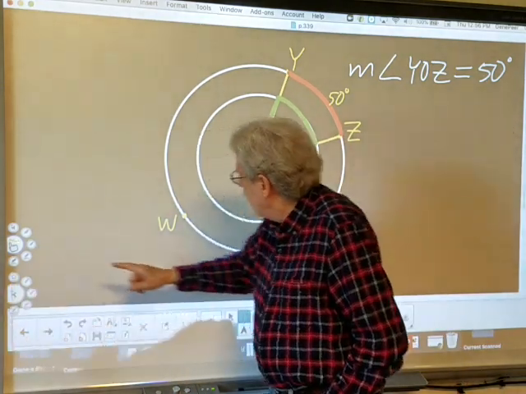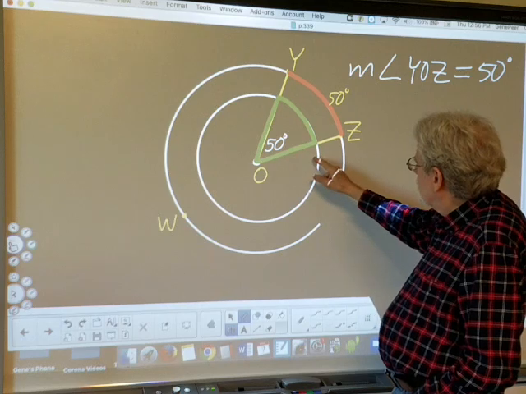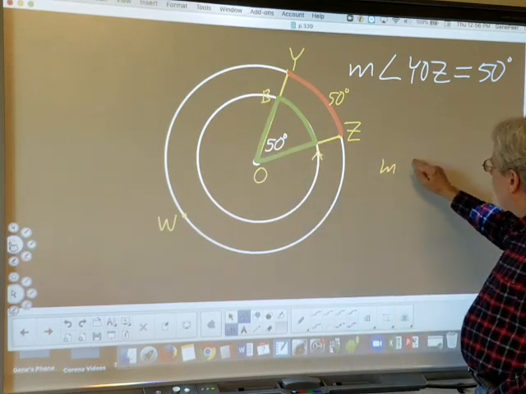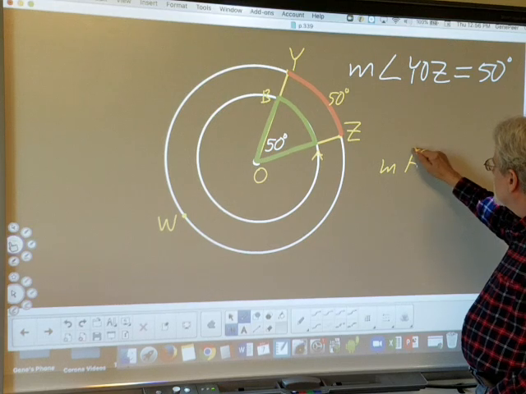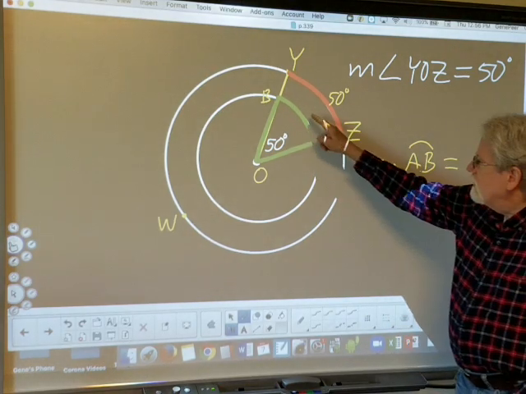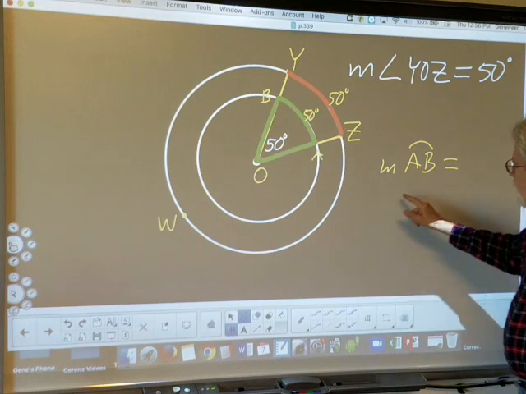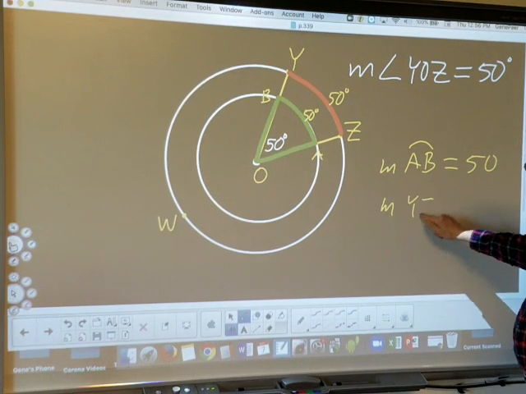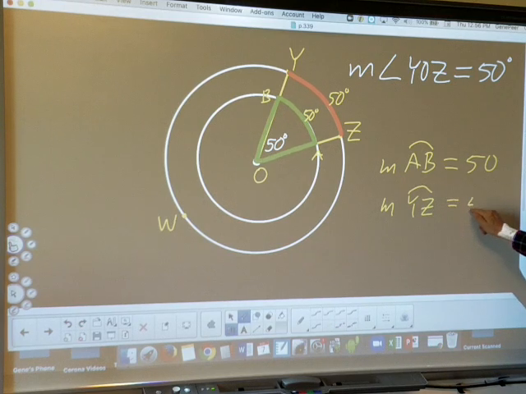That means that this arc, which doesn't have a name yet, let's say AB, the measure of arc AB is also going to be 50, just like the measure of arc YZ is 50.